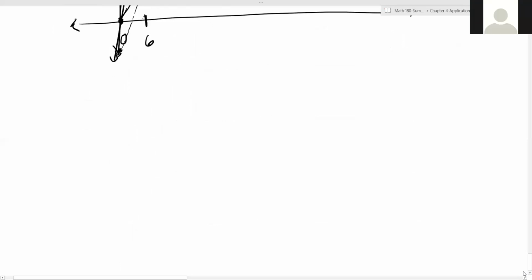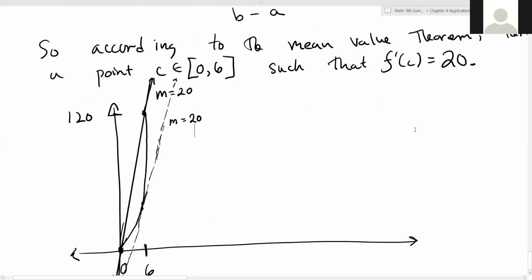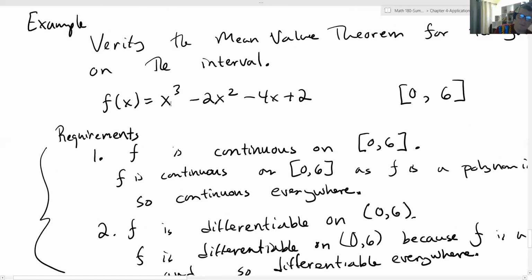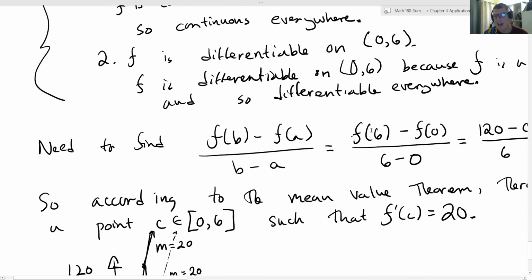Hey, Professor. Yeah, what's up? At the top, when you plugged in the 6, were you plugging that into the original equation or to the derivative? Into the original equation. See, it's f of b, so it's not f prime of b, it's f of b. So this is the difference in the y's over the differences in the x's. That make sense?